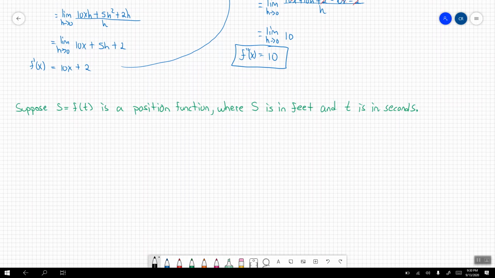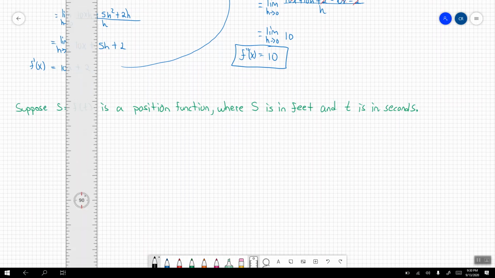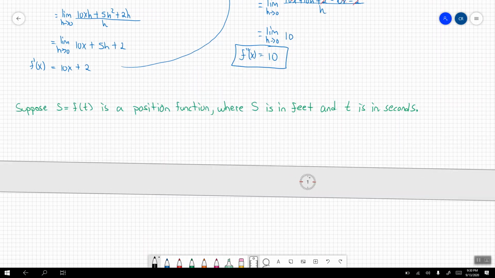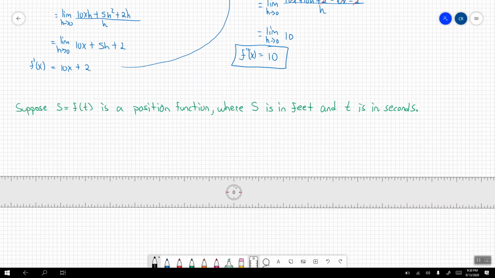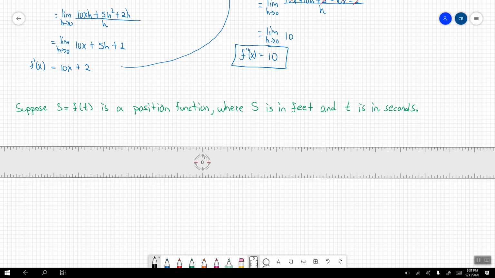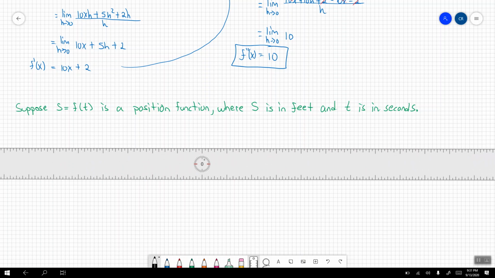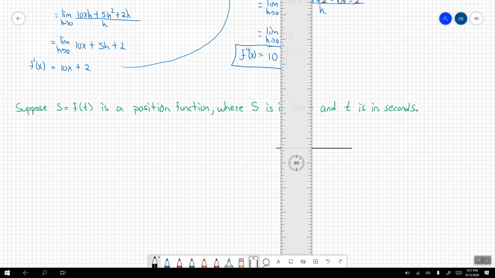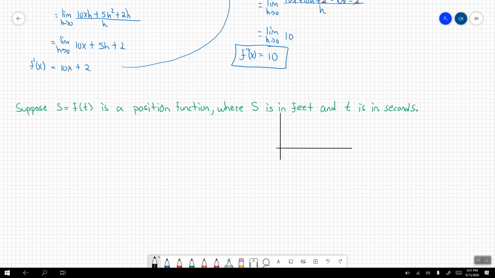Now, in order to explore this just a little bit more, I want to give you a graph per se. Let's see this graph. All right, here we go. Got that locked. Perfect.